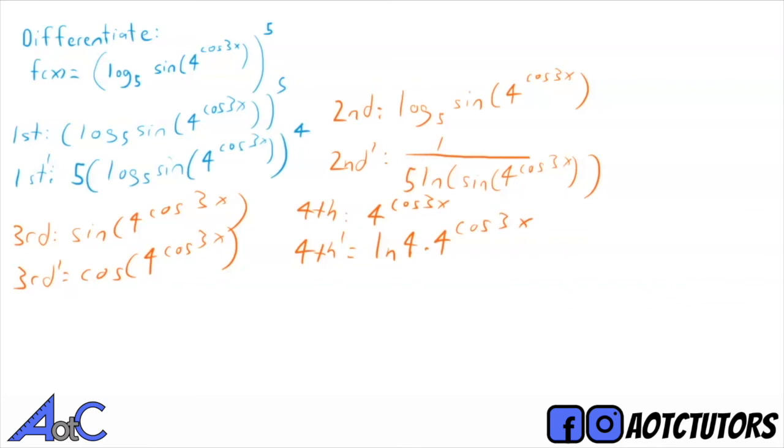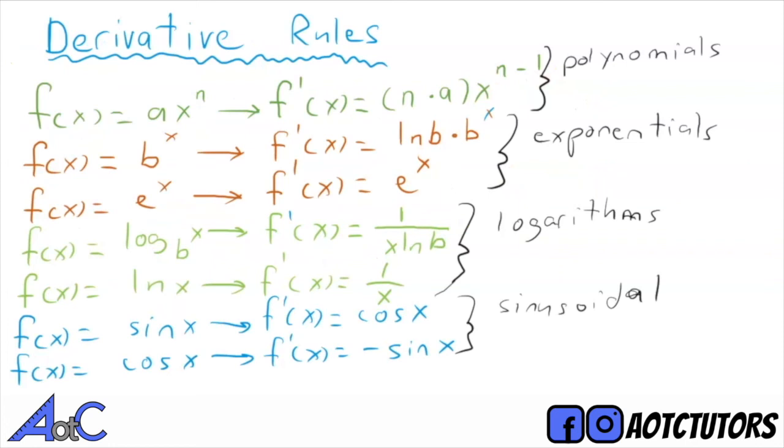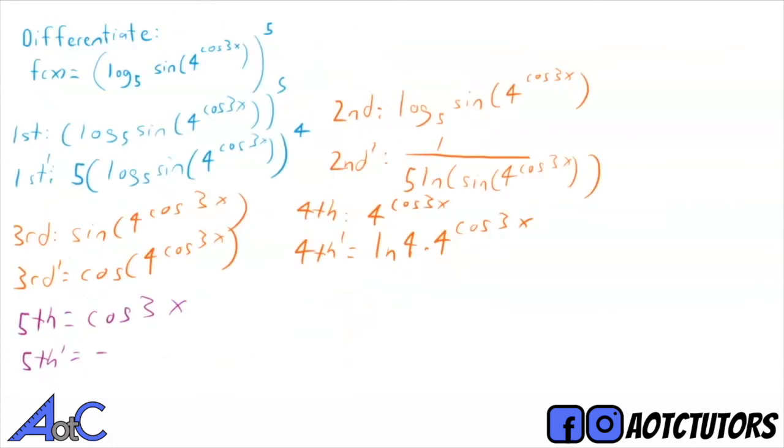There we go. So our fifth function is the cos function, cos of 3x. To take the derivative of that, I know that the derivative of the cos function is just negative sine, not touching the 3x part.